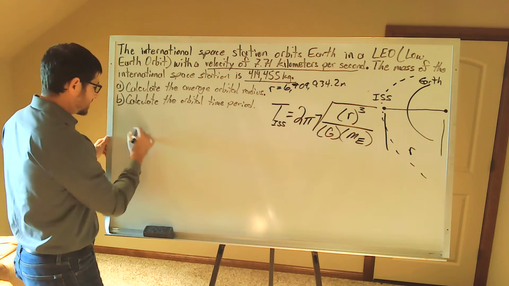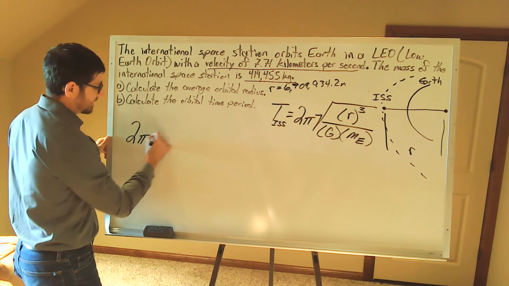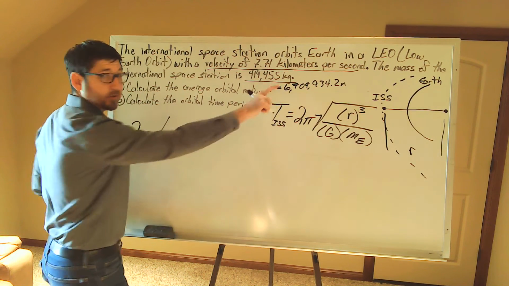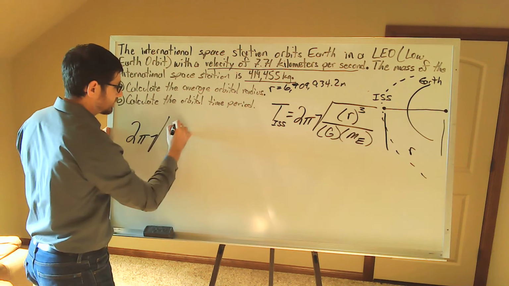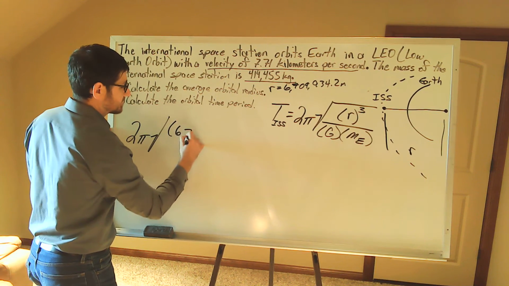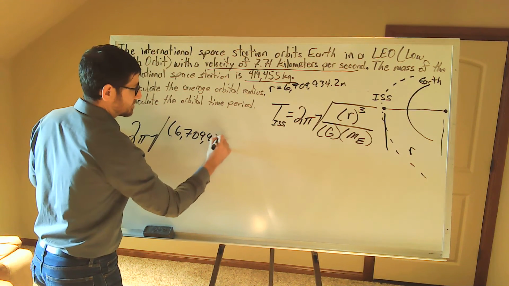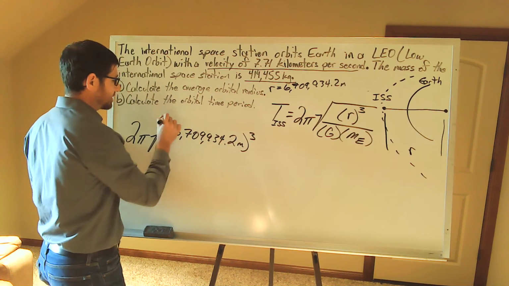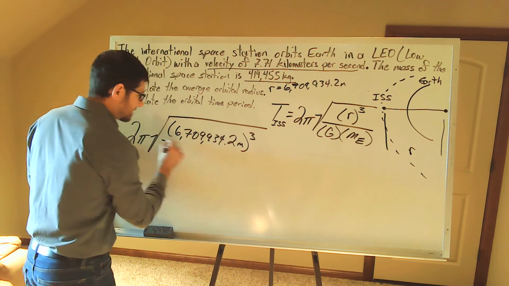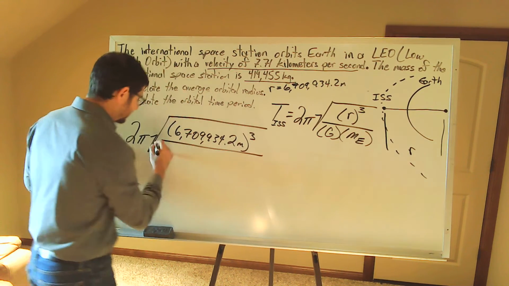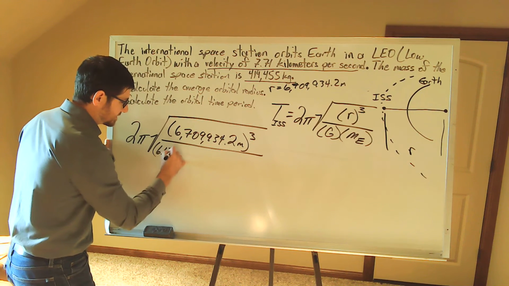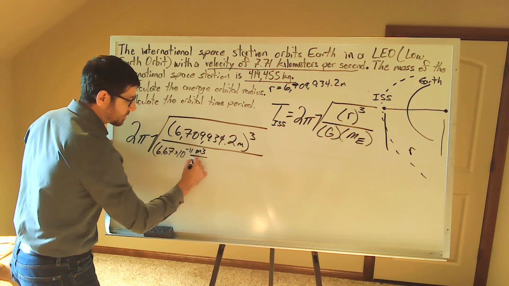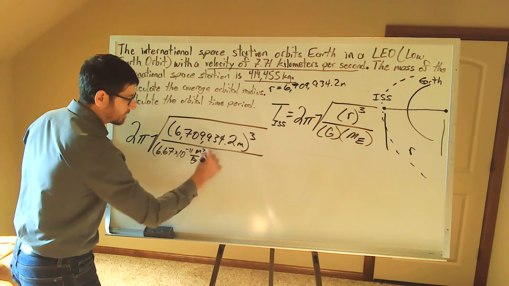We are going to be required to use our calculated value from part A, though. So when we set this up, we have 2 pi times the square root of, we're using our calculated value for average orbital radius, and we're going to cube that value. And then in my denominator, we have the universal gravitational constant, 6.67 times 10 to the negative 11th meters cubed per kilogram second squared.